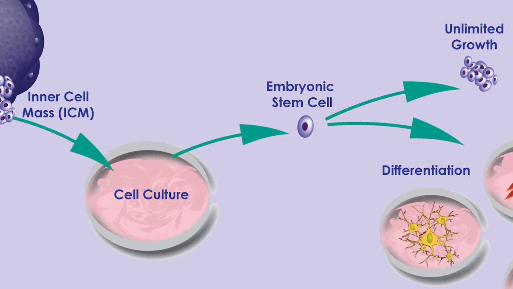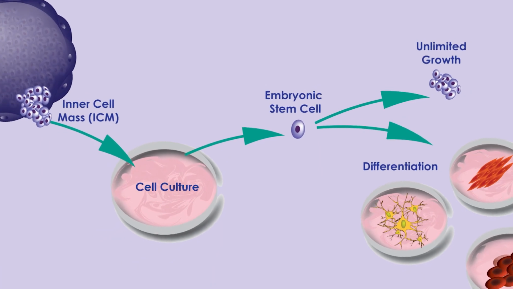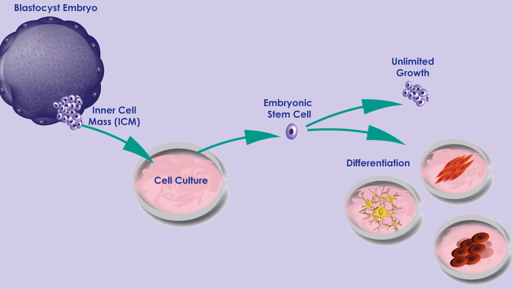The process is more or less the same as the production of Dolly. The embryo was allowed to develop for a time outside the female body. Then its cells were grown in a culture dish. Because they can differentiate to form any cell type, they are called embryonic stem cells.